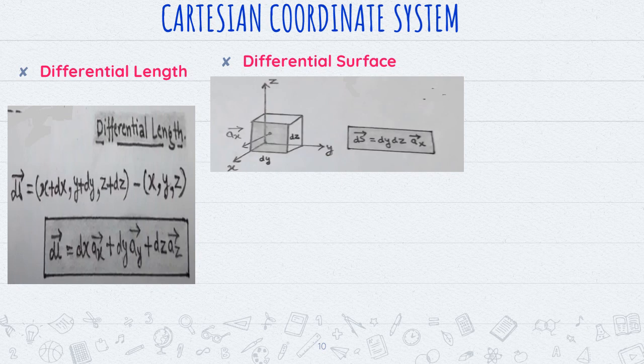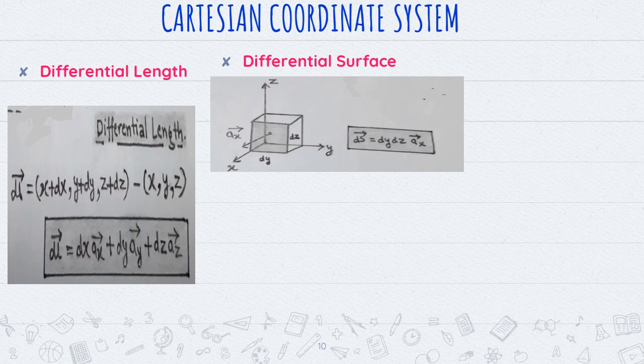Now how can we write the differential surface formula? Note down this diagram. In this diagram, the ax vector is along the x direction. So here in this diagram, x will change, and the remaining coordinates y and z are constant.